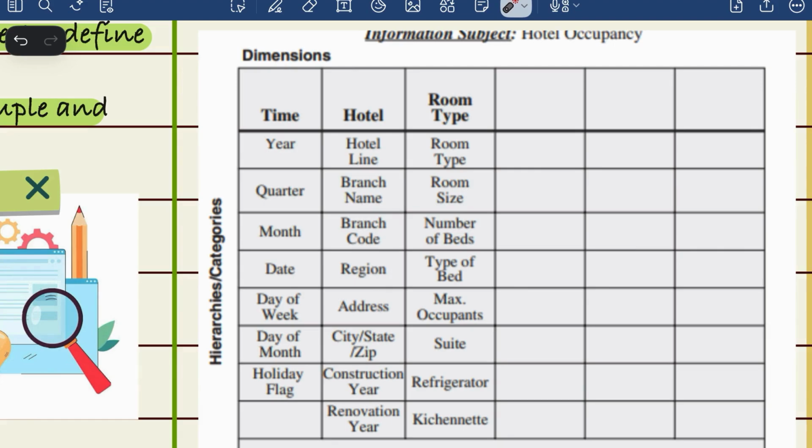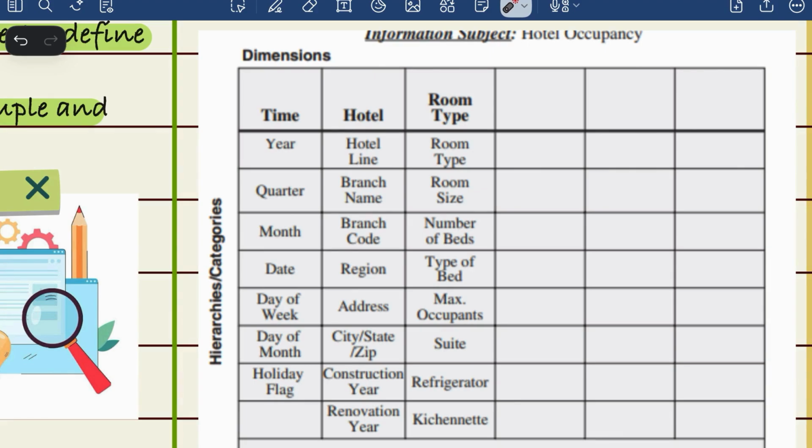And then you can clearly see in the last we have this area of facts, right? This facts is where we are actually clearly listing out the metrics that will be computed, meaning the calculated fields from this data. So occupied rooms, we will calculate this, right? How many rooms were occupied by summing up the occupancy. And we have vacant rooms, we have unavailable rooms, number of occupants, revenue.